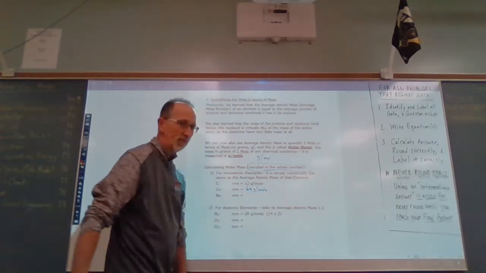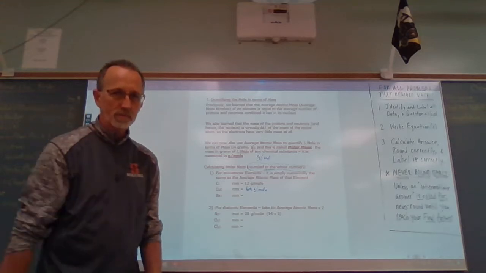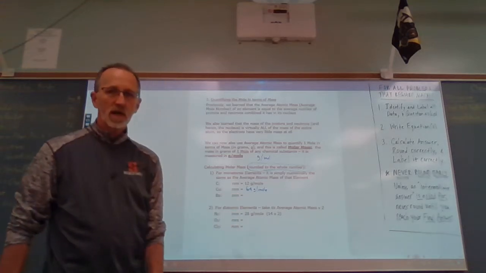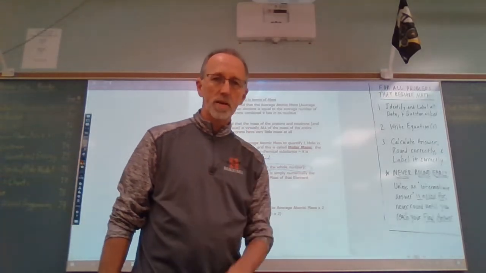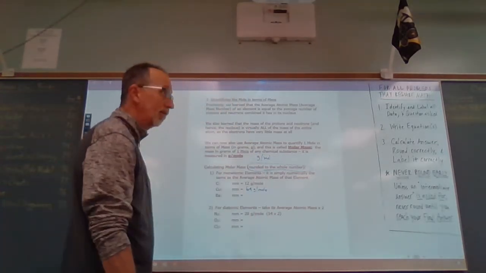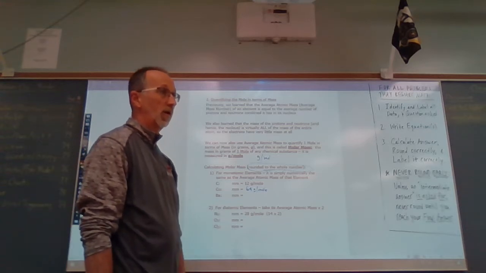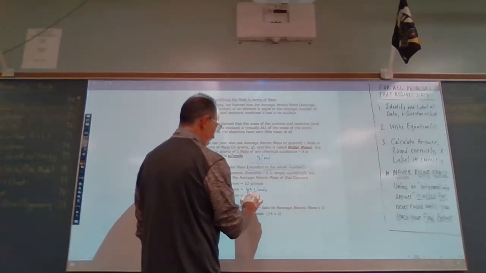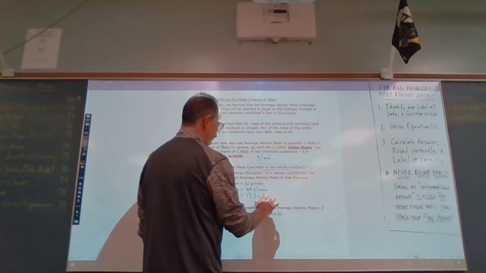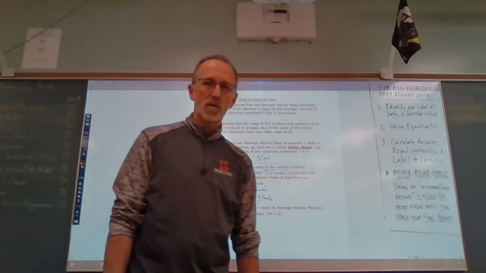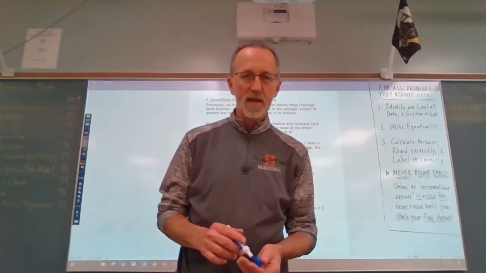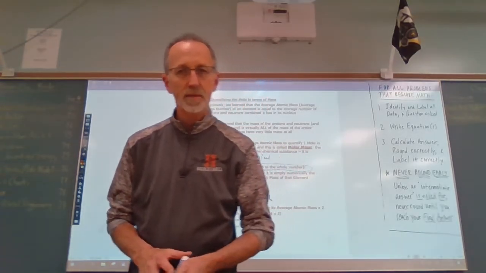In other words, there are 64 grams of copper in 1 mole. There are 12 grams of carbon in 1 mole. For barium, 137.3, that would be 137 grams per mole. So if it's a monatomic element, the molar mass and the average atomic mass are one and the same.